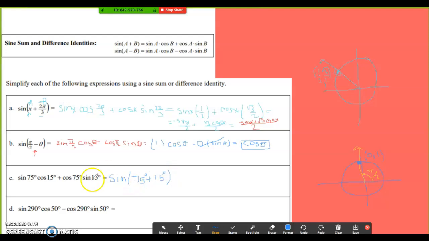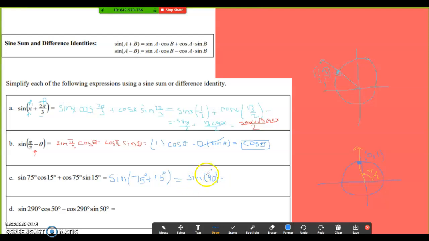And again, all I'm doing is taking what they gave me and I'm going backwards. And if I think about it, 75 plus 15 just equals 90. So this is just asking for the sine of 90 degrees. And I can think about this even further.